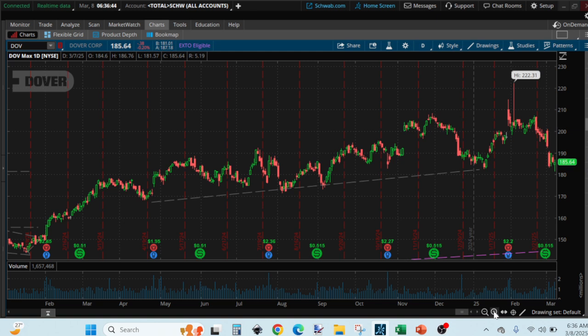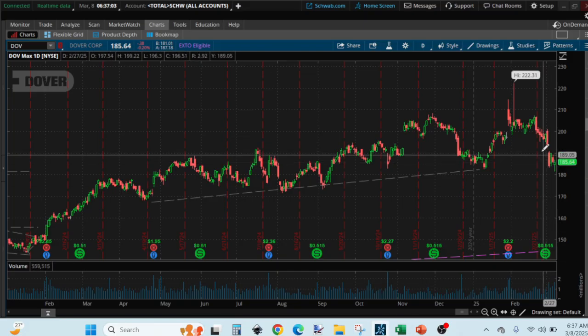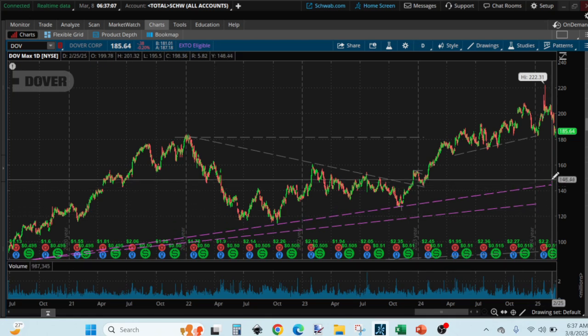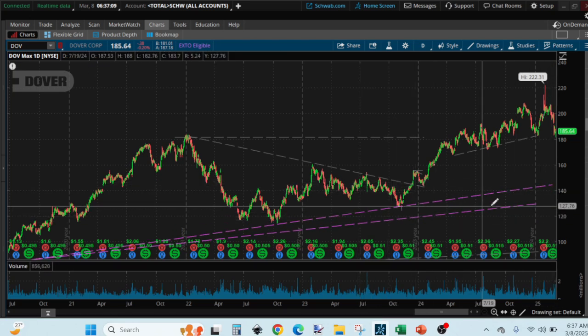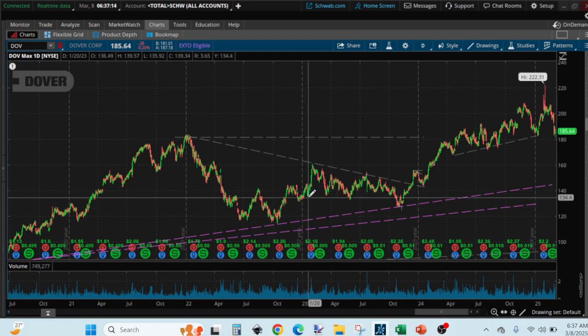So this concludes how you can do your chart analysis on a daily basis, after the market close or early in the morning before it opens again. You can do your daily chart analysis of your stocks on your watch list, comparing where the price is to where you want to buy them, which are the uptrend lines or support lines, because those are large cap.